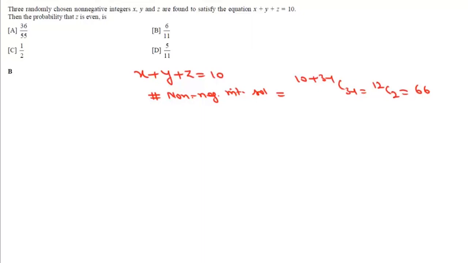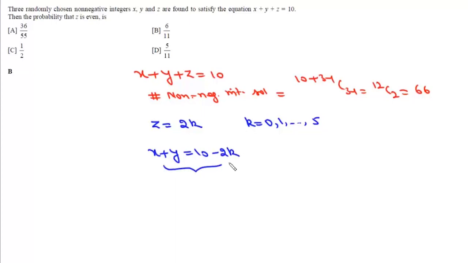Now we have to find our favorable case in which z is an even number. If z is even, let z be of the form 2k, where the value of k varies from 0 to 5. So we can write x plus y equals 10 minus 2k.